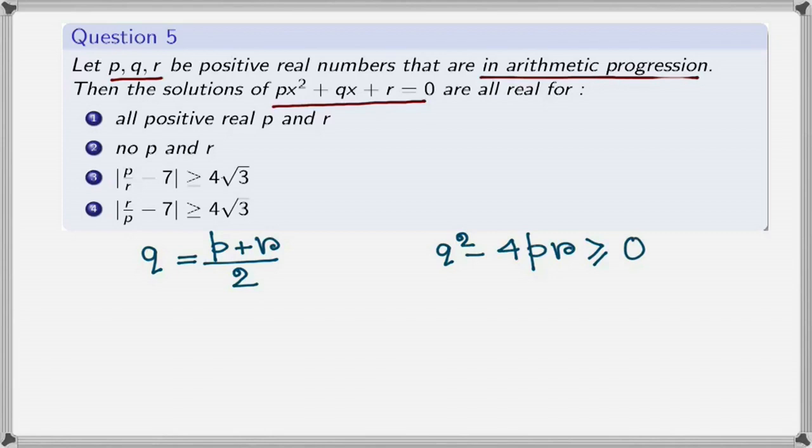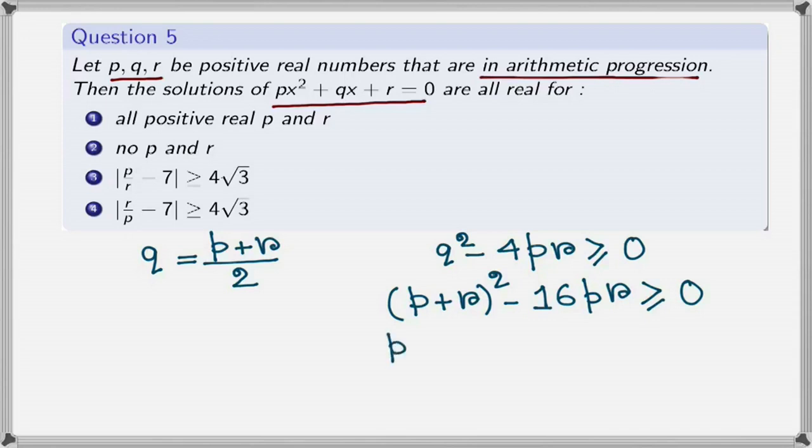So when we substitute the value of q, which is (p + r)/2, in this condition, we obtain (p + r)² - 16pr ≥ 0, which is p² - 14pr + r² ≥ 0.